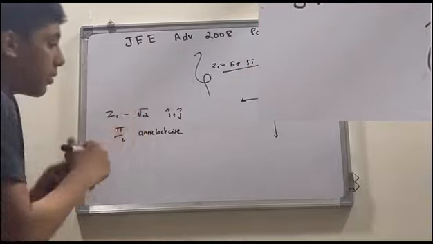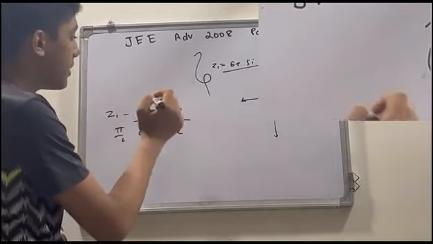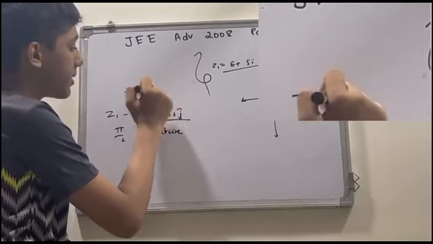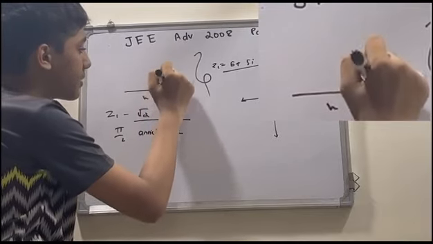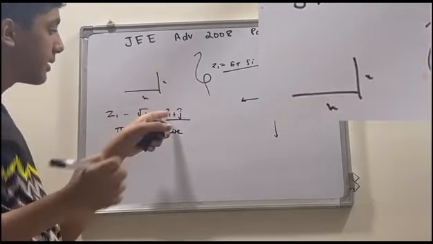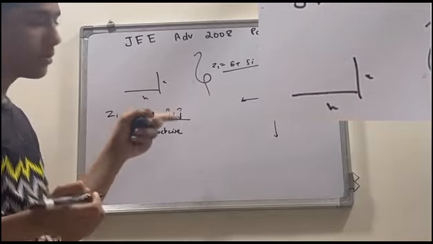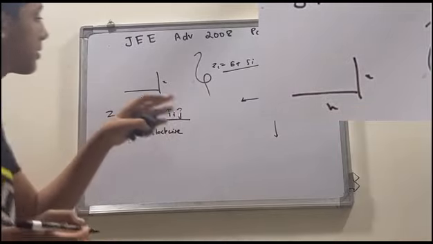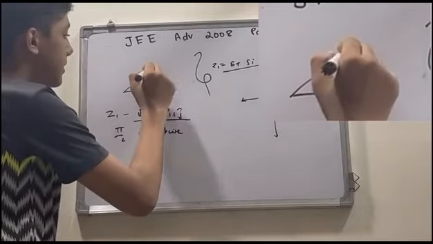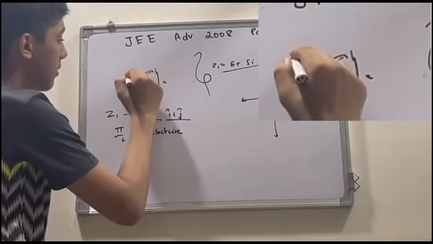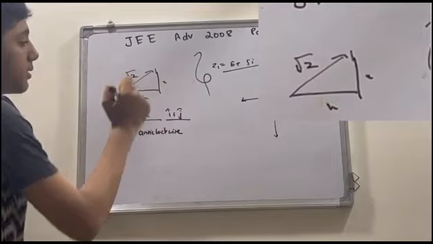So it's moving root 2 units in i cap plus j cap. So my i cap component is going to be x, my j cap component is going to be x, since they both have the same coefficient. And the hypotenuse is root 2.